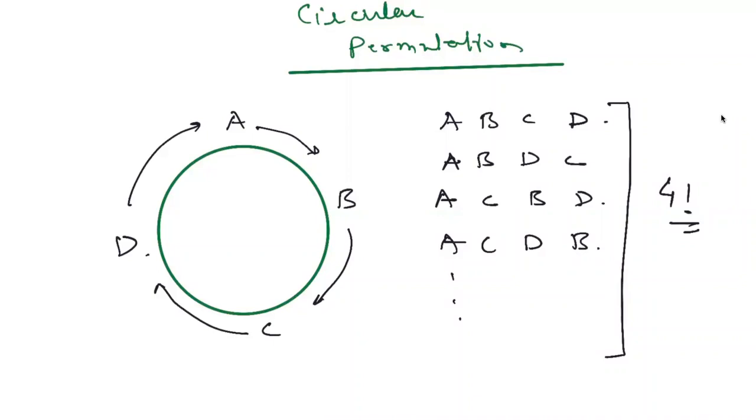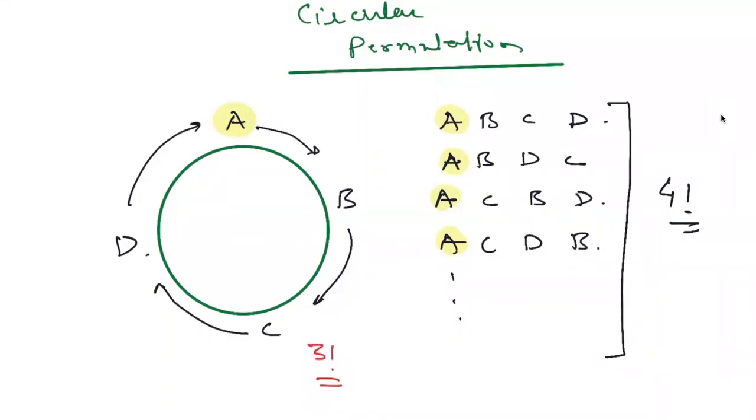But in this case, if we say that A is fixed at the first place, then B, C, D can arrange in factorial 3 ways.